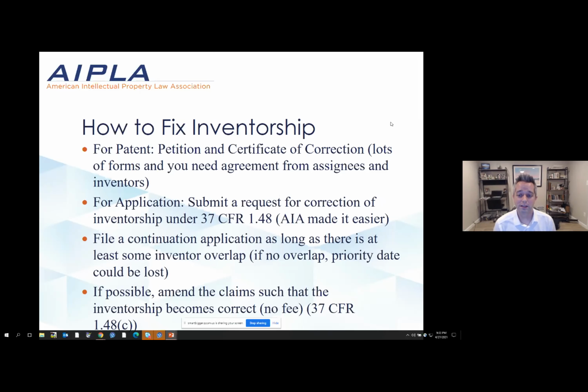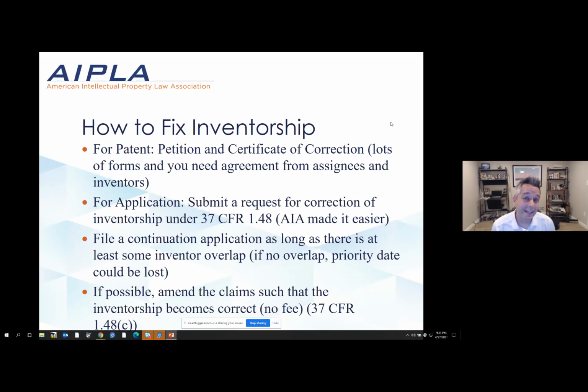This can be kind of difficult and onerous. So obviously, if you find out after your patent has issued that your inventorship is incorrect, you should immediately try to fix that. But it is way better to have your patent issue with correct inventorship.